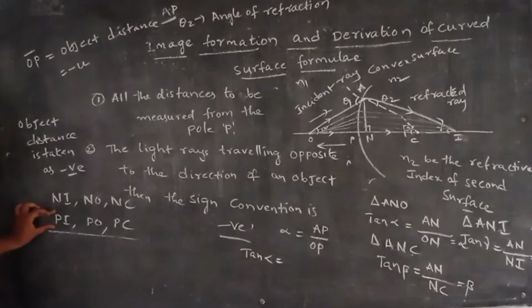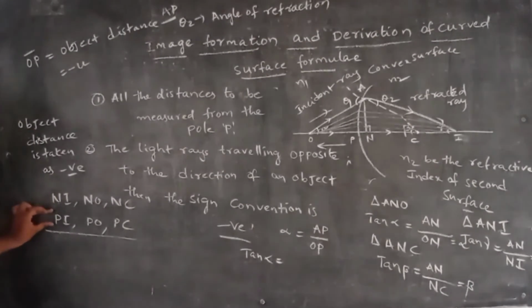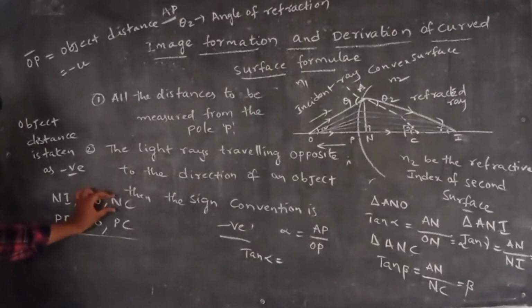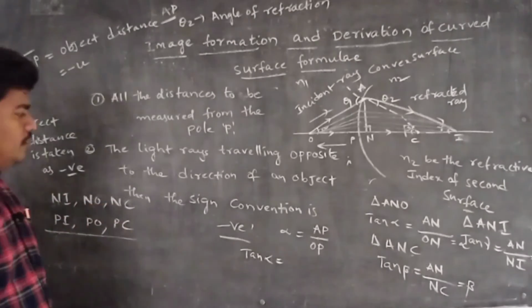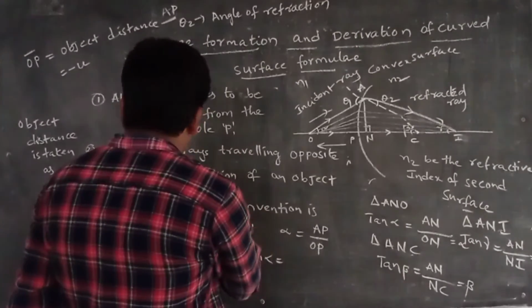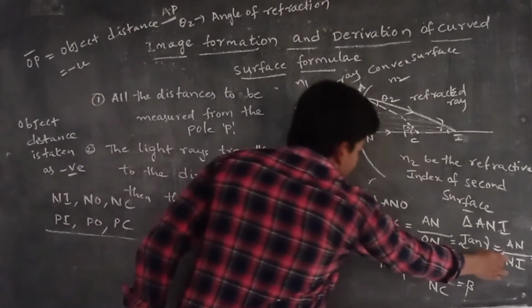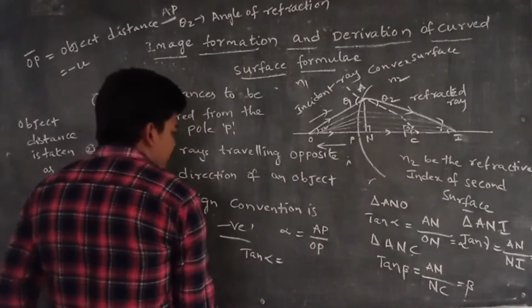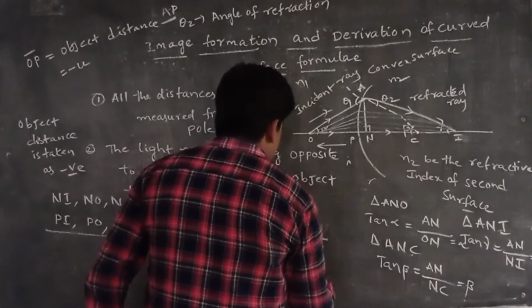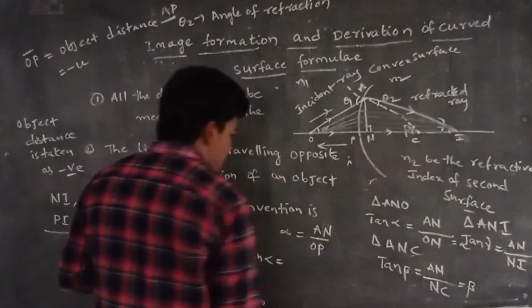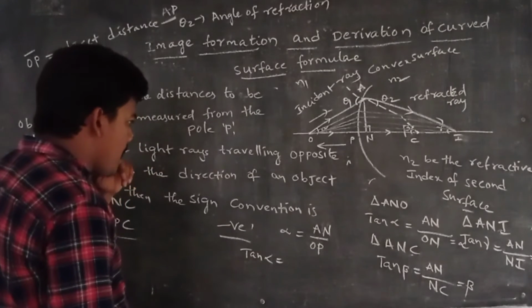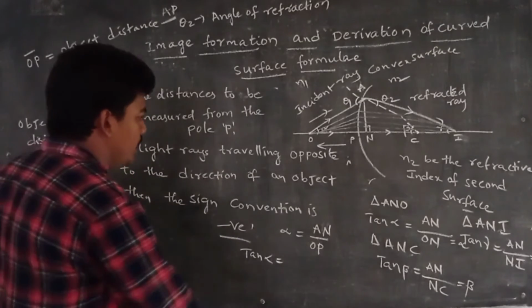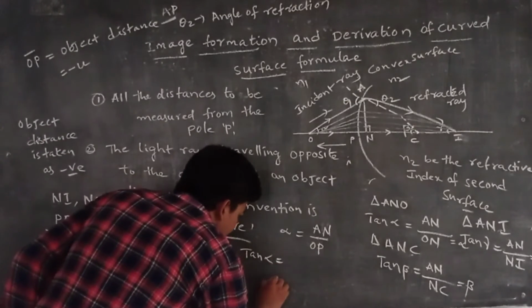N coincides with the point P. So NI becomes PI, NO becomes PO, NC becomes PC. Alpha is AN by ON, meaning OP.